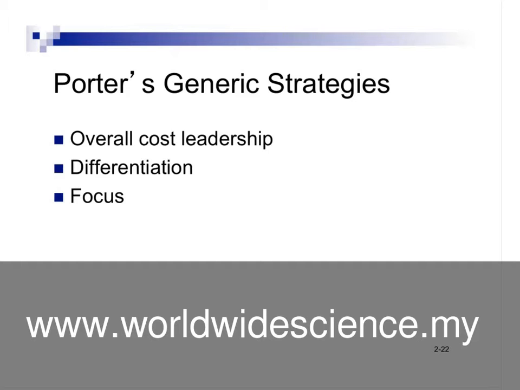Yep, that's a good point. Basically, you're absolutely right. Companies nowadays, there was a time that they would just pick one of these, so they would just go for cost leadership, differentiation, or focus. Nowadays we're dealing with companies that are doing a mixture of all of these together.